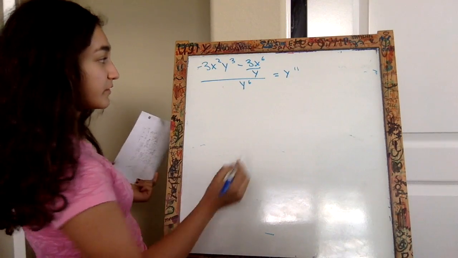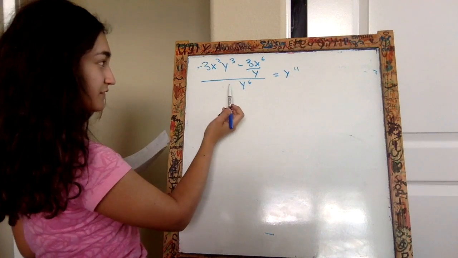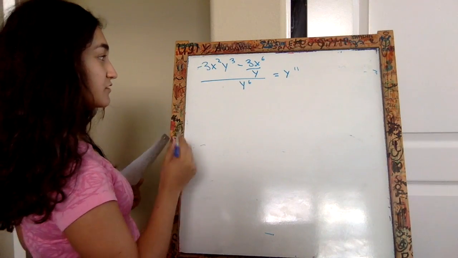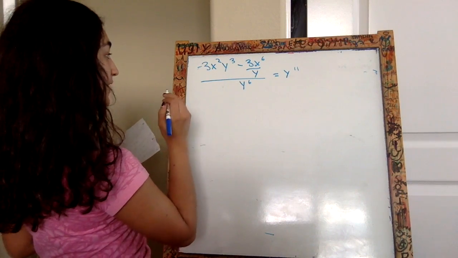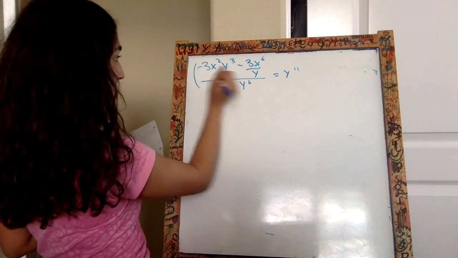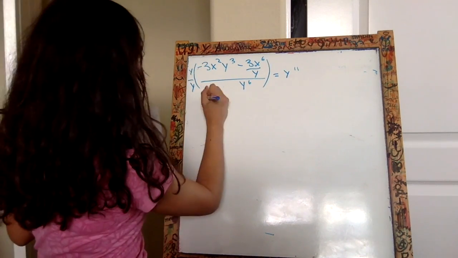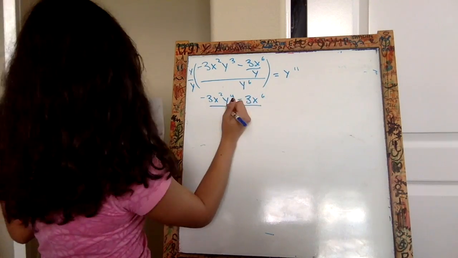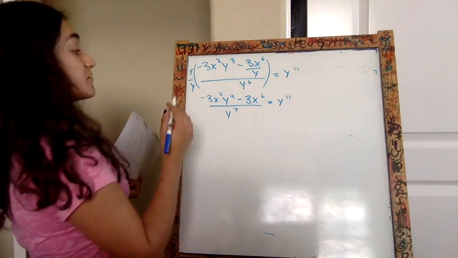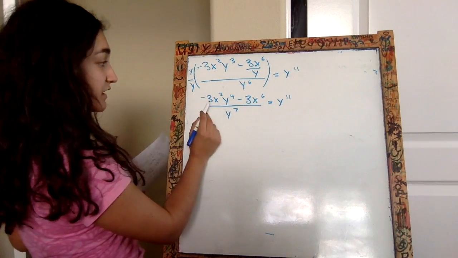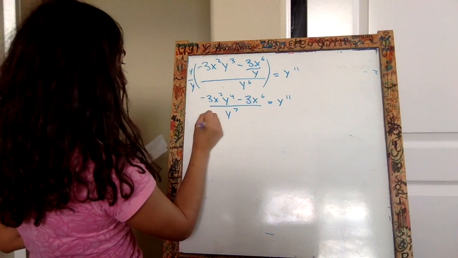So from there, because I want to make the numerator more simplified, I can multiply the numerator and denominator by y over y. From here, we can actually factor out a negative 3x squared from the numerator.